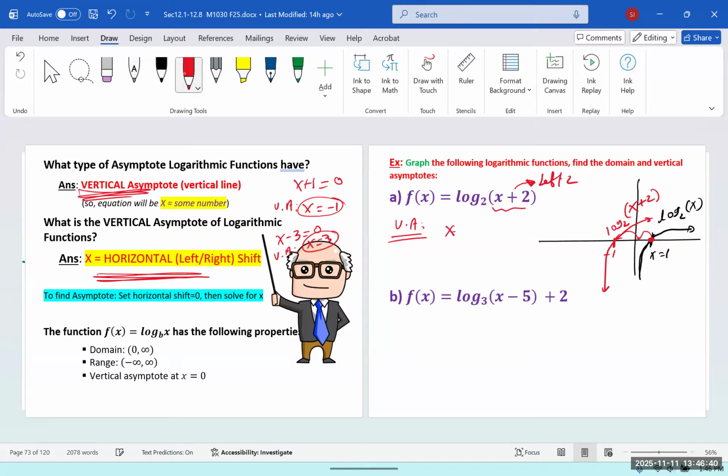Because you take x plus 2 and set it equal to 0, so you get -2. So -2 is here. You have to draw your boundary, your wall. That graph gets closer and closer to the wall, but you can never cross that wall. It's a very electrified wall. You cannot pass it.